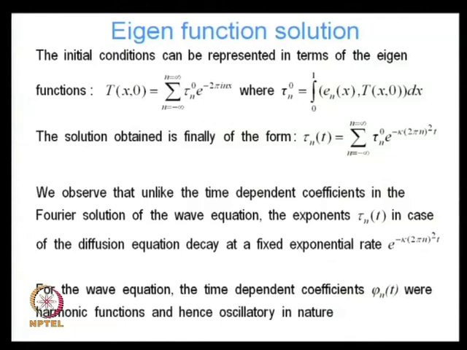But for the wave equation, if you go back to the notes of the previous lectures on the eigenvalue solution, you will find that the time dependent part was not an exponentially decaying function at all. It was a harmonic function, so it was of an oscillatory nature.